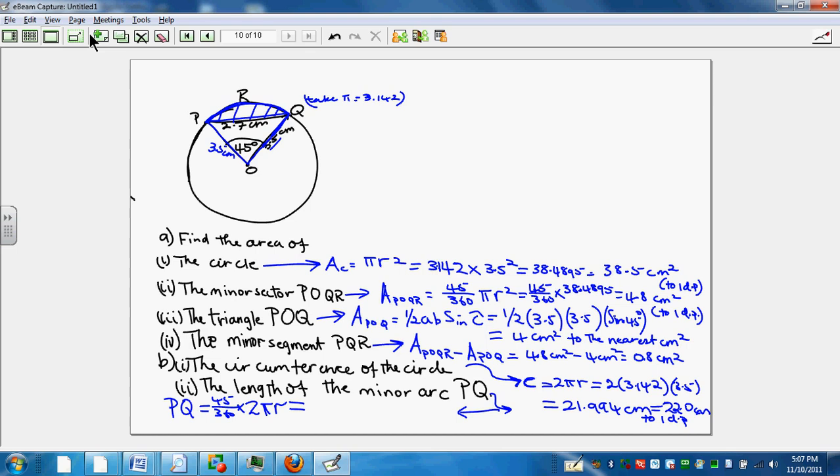So what we do is say 45 over 360 multiplied by 21.994. Okay? And if you do that, you'll get 2.749 centimeters, or 2.7 to 1 decimal place.